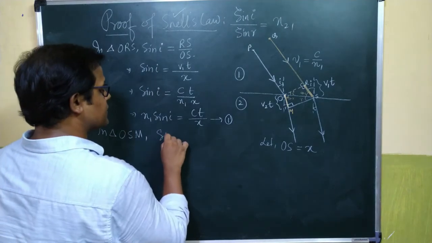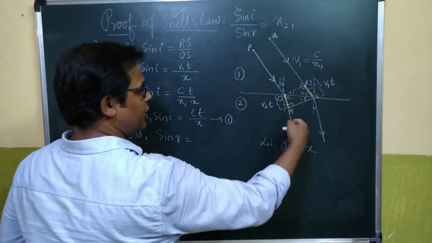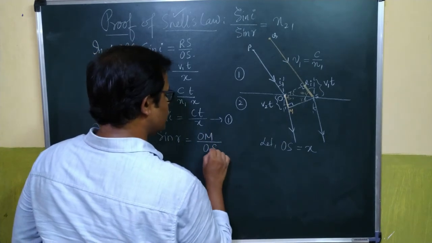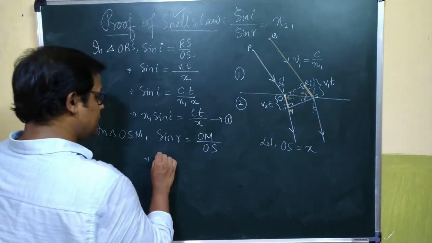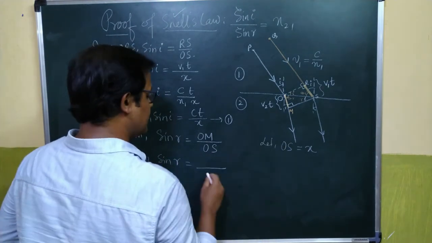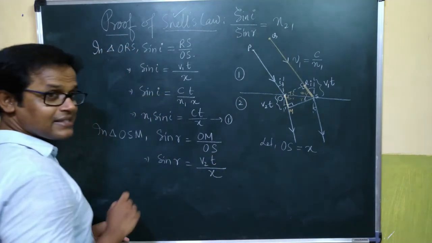So I will write the sine of R. The sine of R has to be equal to perpendicular by the hypotenuse, OM by OS. Everything good? Right. Then sine of R should be, what is OM? Yeah, that is the distance V2 T. What is OS? Supposition X.